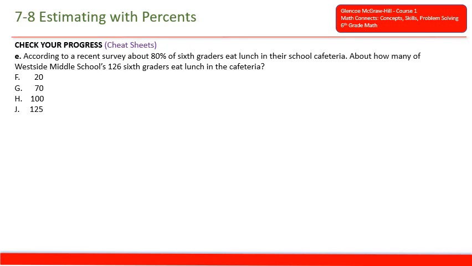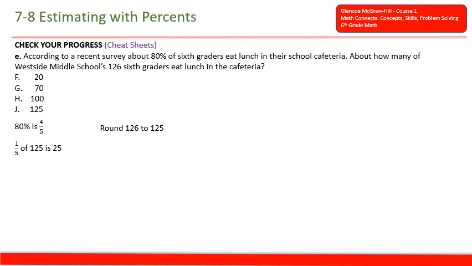According to a recent survey, about 80% of 6th graders eat lunch in their school cafeteria. About how many of Westside Middle School's 126 6th graders eat lunch in the cafeteria? So 80% is 4/5, 80 over 100, and 20 goes into 80 4 times, and 20 goes into 100 5 times.